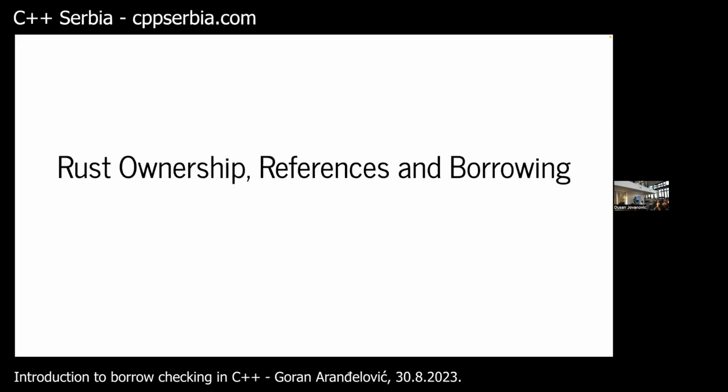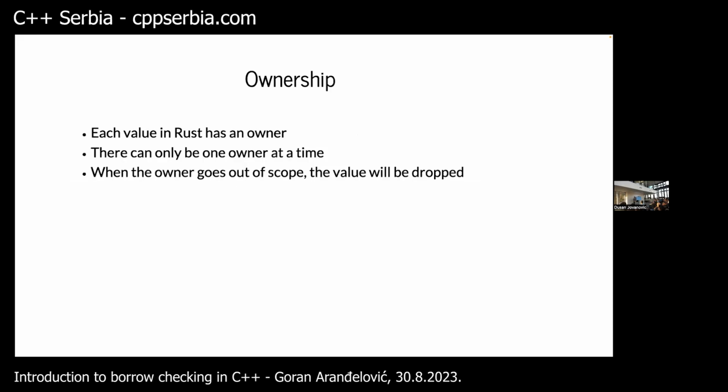This is the first concept that we will talk about, and we will talk a little bit about Rust ownership, references, and of course borrowing. Regarding ownership, it is also a very familiar thing for C++ developers. I think that every seasoned C++ developer who has been doing C++ for more than 5 years has encountered a lot of problems with ownership in some sense.